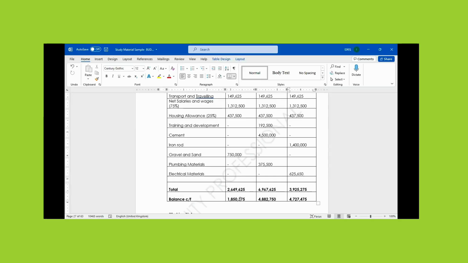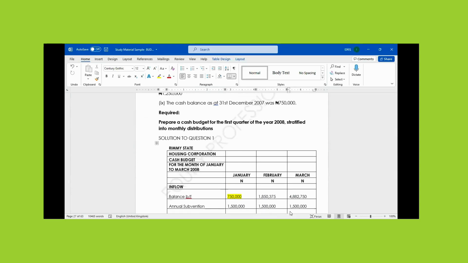What are we going to do with it? We take it to balance brought forward for February. In February, 1,850,000.